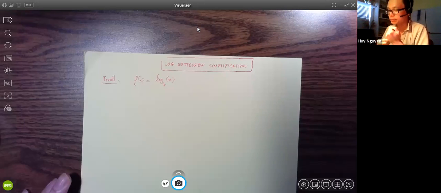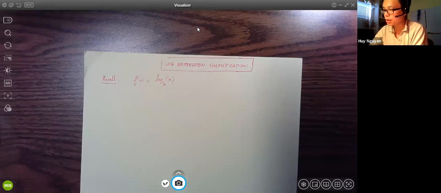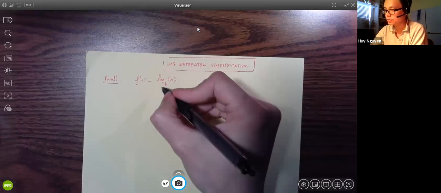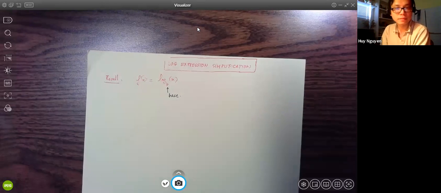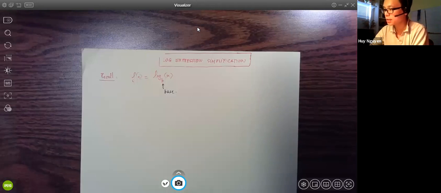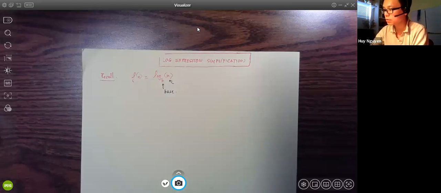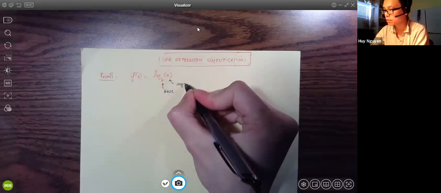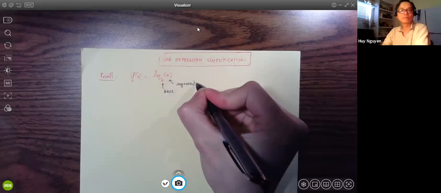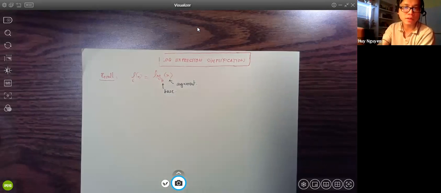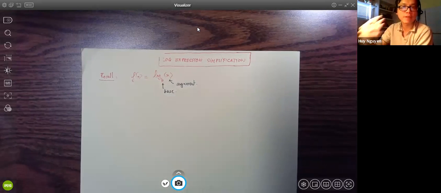Log base b of x, and we know that b is called the base, and x, everything inside the parentheses, we call the argument, which is all the x values that make the function defined. We can find the domain of the log function based on whatever is inside the parentheses.